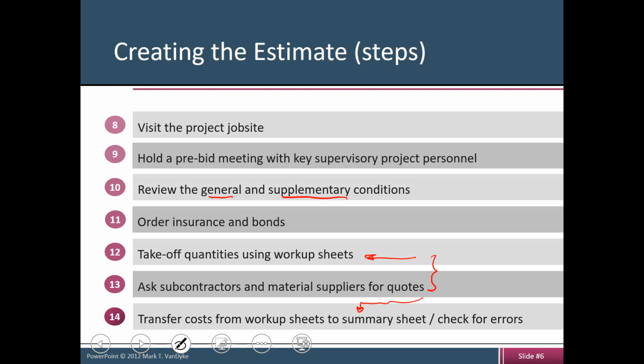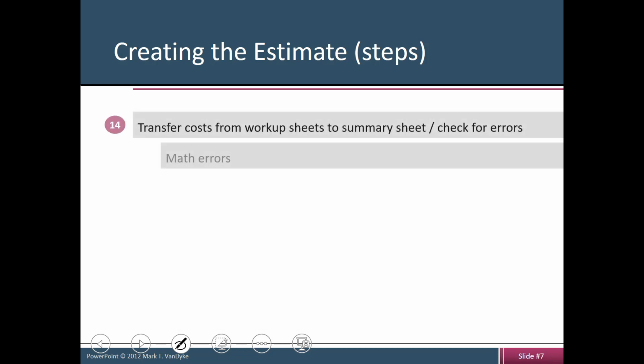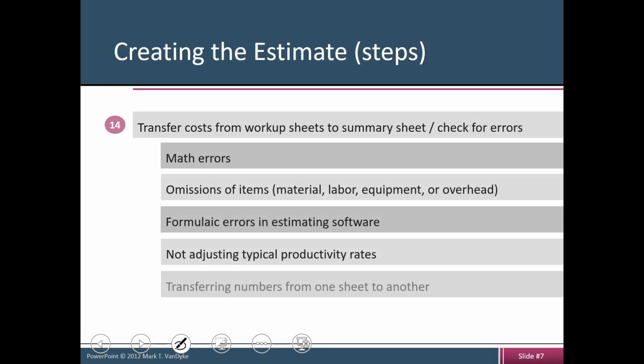You always want to check for errors, especially using Excel and other spreadsheets. The spreadsheets are fantastic, but they're not smart, and they are not going to be self-corrected. You have to always check for errors, make sure that nothing of that nature happens. Especially for math errors and formulation errors.